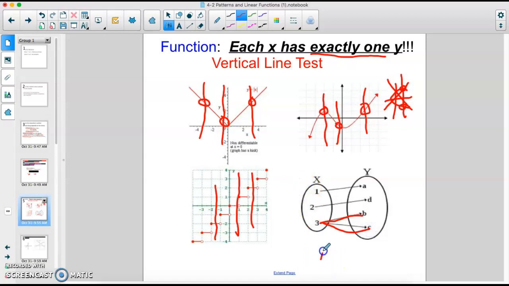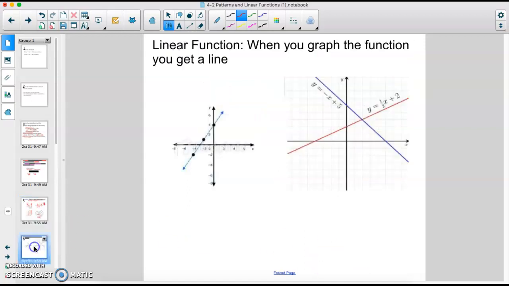And so this is not a function. All right, a linear function, it's when you graph the function and you get a line. Okay, so if you get a line for a graph, it's called a linear function. The root word of linear is line, so it's a line function.